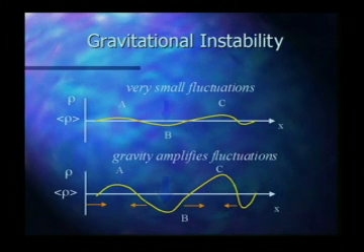And likewise, if we have an underdense region, it only has to be an infinitesimal difference. Then the gravitational instability will empty out that region and create an even less dense region. And this is the basic mechanism that creates the cosmic web.